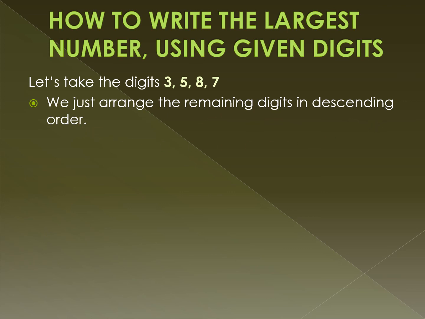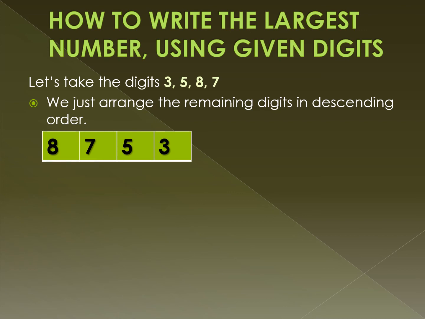Descending order means the greatest number first, and then we move down to the smallest number. The greatest number is 8, then we have 7, then 5, then 3.